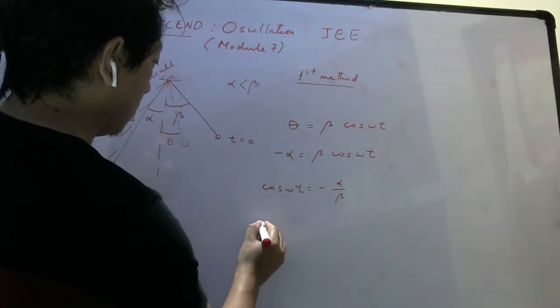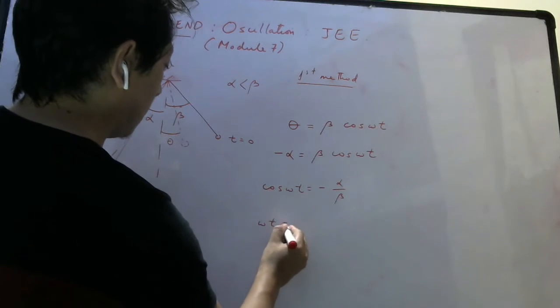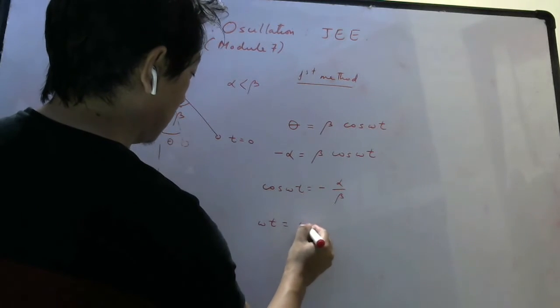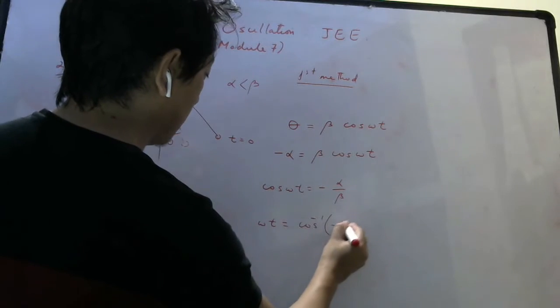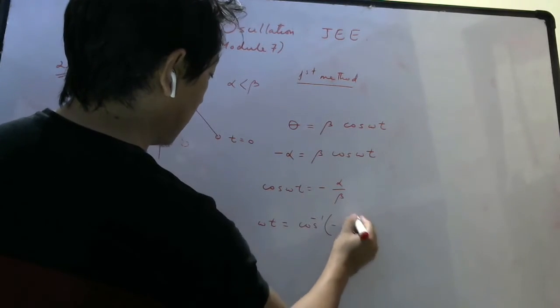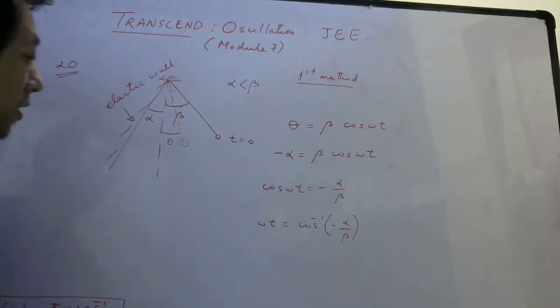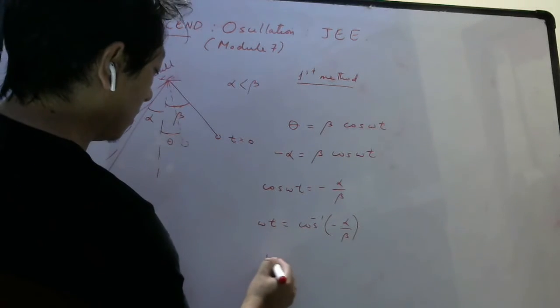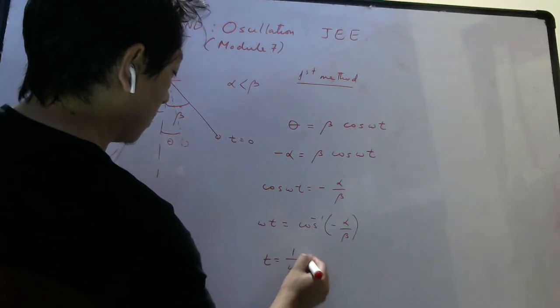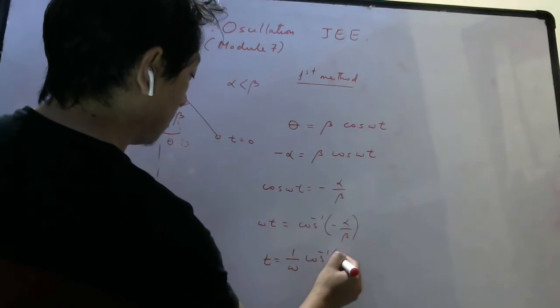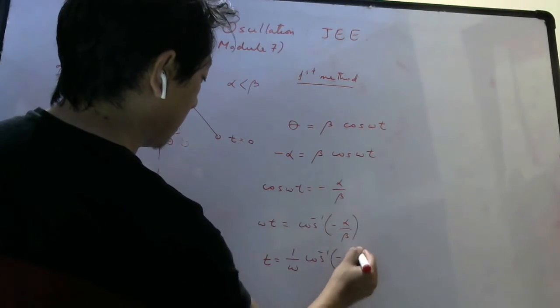So omega t will be cos inverse of minus alpha by beta. So the time taken will be 1 by omega cos inverse of minus alpha by beta.